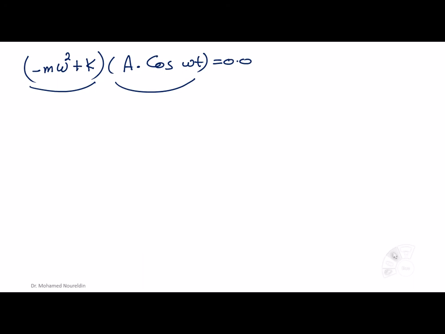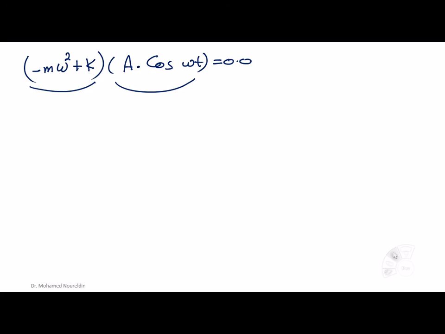What about cosine omega t being 0? Why should one of them be 0 and the other not? I think the first one is equal to 0 because it is constant.